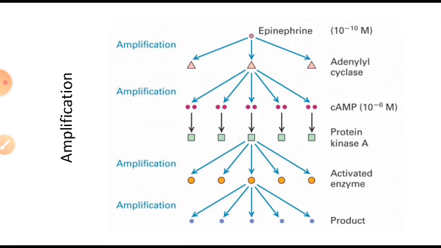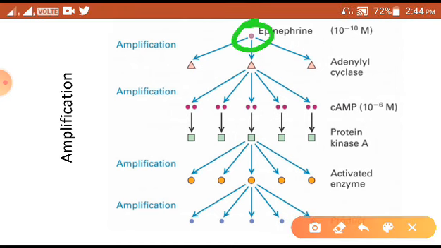You can see here clearly one epinephrine molecule activates 3 adenylyl cyclase. Each adenylyl cyclase activates many cAMP, right? So how many have the 3 adenylyl cyclase activated? One adenylyl cyclase activates 1, 2, 3, 4, 5, maybe 5 cAMP molecules.